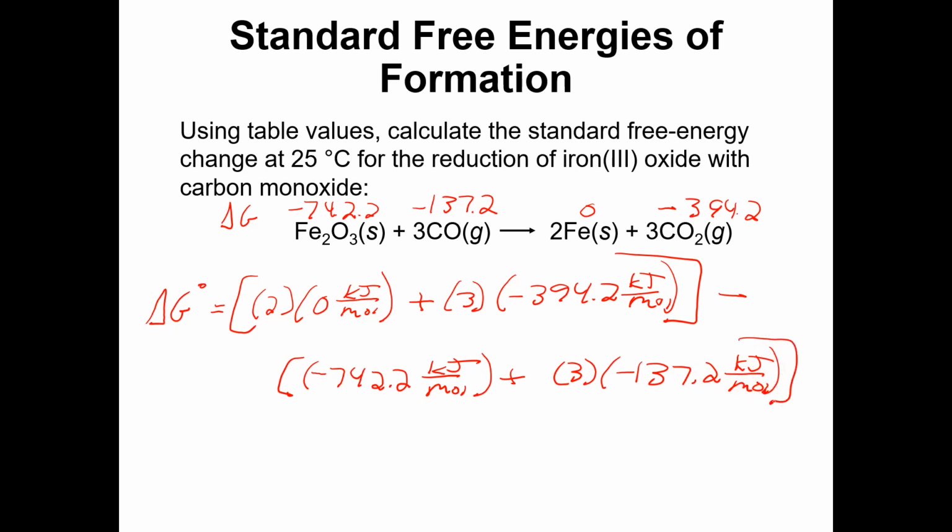So 2 times 0 is 0, so 3 times negative 394.2 minus negative 742.2 plus 3 times negative 137.2. If you plug all that into your calculator, you should come up with negative 29.4 kilojoules per mole.